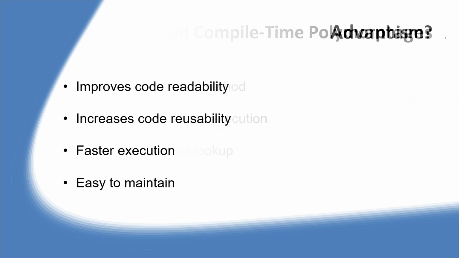Okay. Now let's see what the advantages of using compile time polymorphism are. Without using this concept we can also write the code, right?